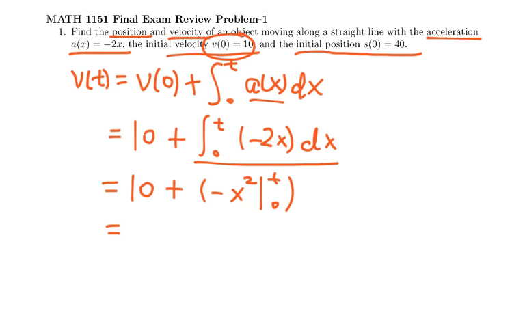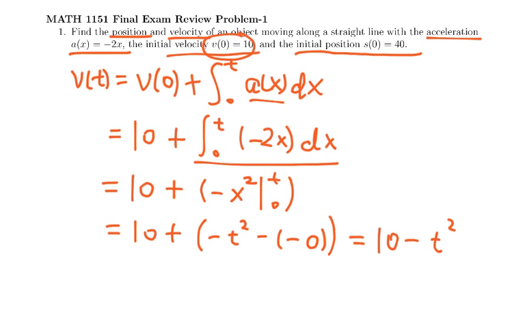Then if we plug in t and 0 into the function negative x squared, we have 10 plus negative t squared minus negative 0, and we have 10 minus t squared, and this is the velocity function. Based on this, we're going to find the position function.